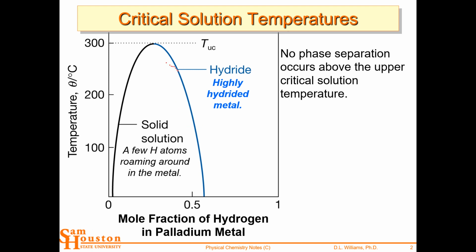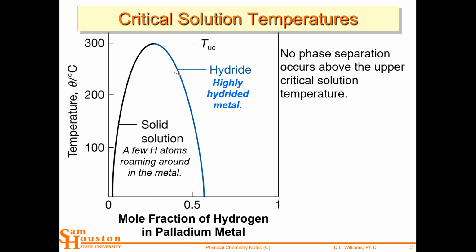And so on this side you would have highly hydrided metal, and over here you would have mostly, not quite pure palladium, but dirty palladium, a few atoms of hydrogen roaming around in the metal. So this is just an example of, above this, some sort of homogeneous mixture of hydrogen and palladium, and down here you have a split with two different species.